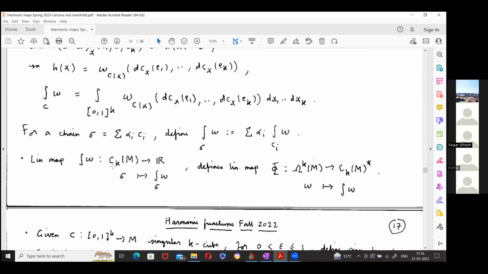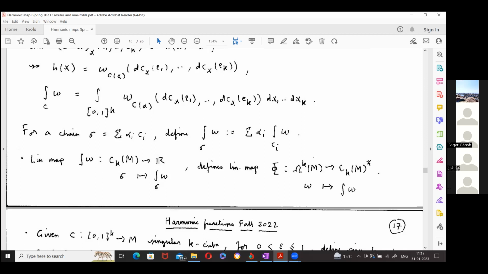If we call the space of k-chains C_k(M), then this defines a linear function: sigma goes to the integral of omega over sigma. So this defines a linear map, capital Phi, from the space of k-forms, Omega^k(M), to the dual of the space of k-chains. Omega goes to the integral of omega.